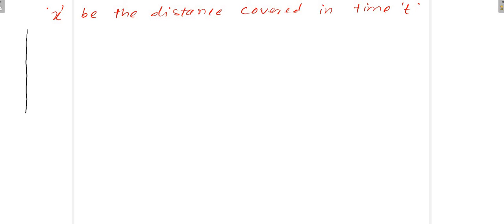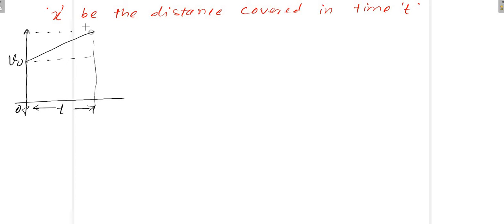The situation is the same. I have a uniformly accelerated motion. This is t, this much width, this is 0, this is v0 and this is v. So this distance is v minus v0 and this much length is v.